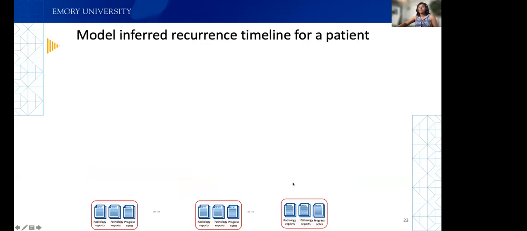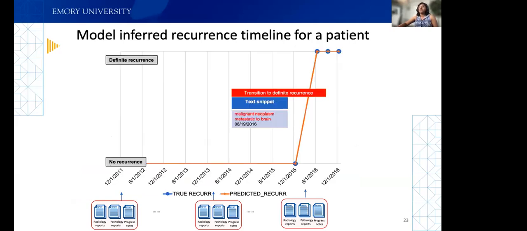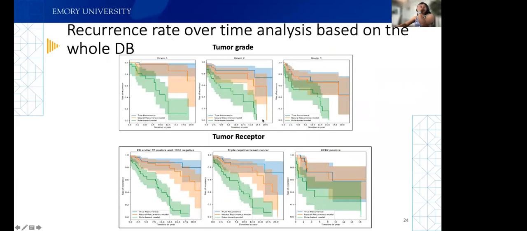Similar to our latest study, we also define a timeline of the patient where we read the radiology, pathology, and progress reports from each quarter, and we predict when exactly the patient has recurrence. We also extracted the text snippet for the recurrence. Now, since we have the recurrence labels, we can slice and dice the dataset as we want.